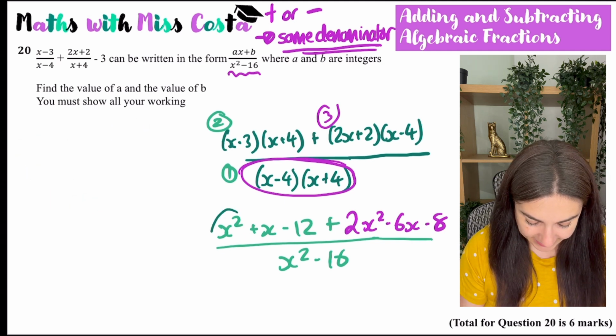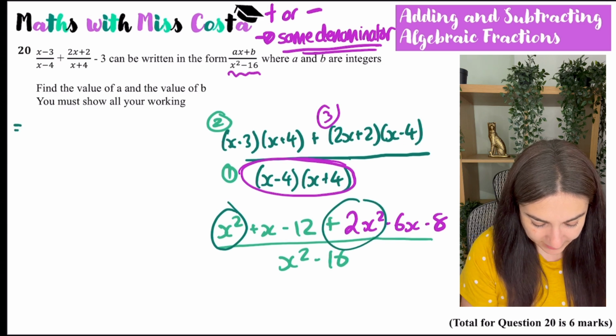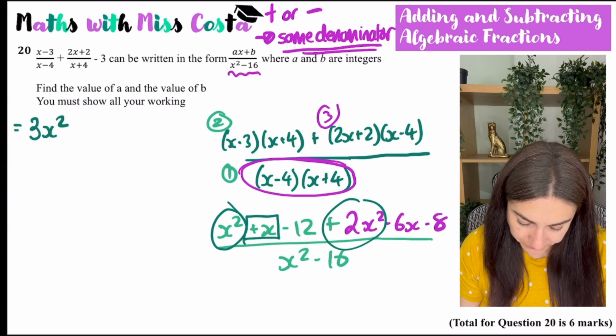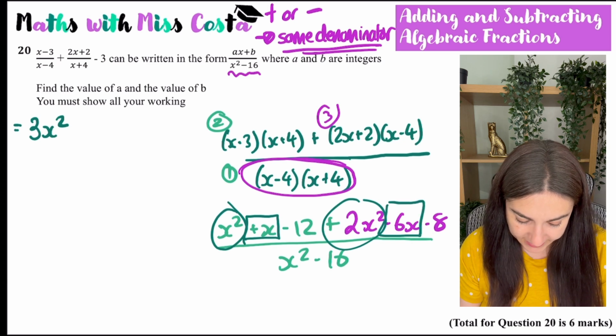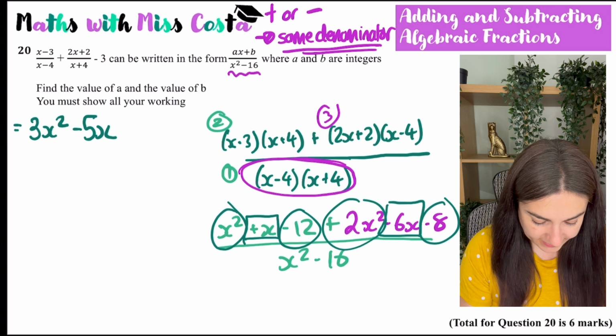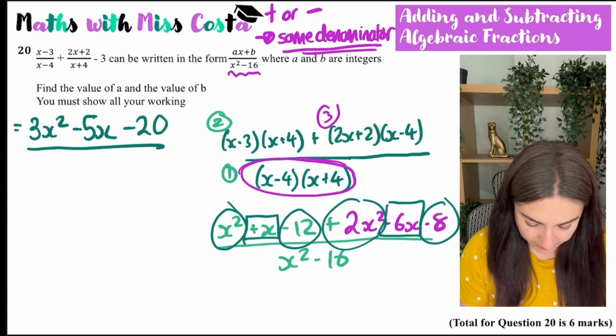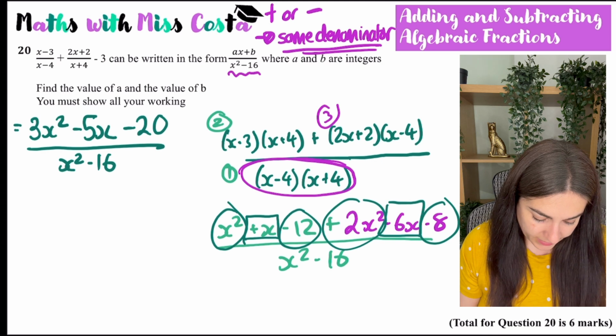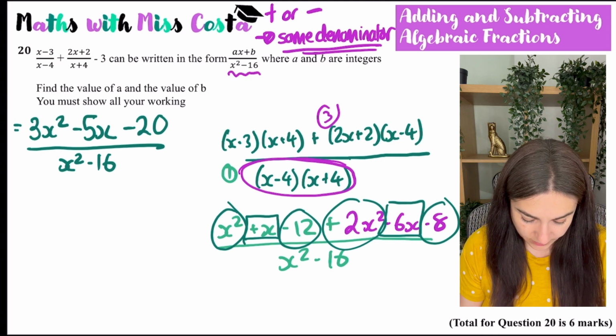So x squared plus 2x squared would give me 3x squared. x minus 6x is going to be minus 5x. And then minus 12 minus 8 is minus 20. So I'd be left with this, which I could factorize if I wanted to.